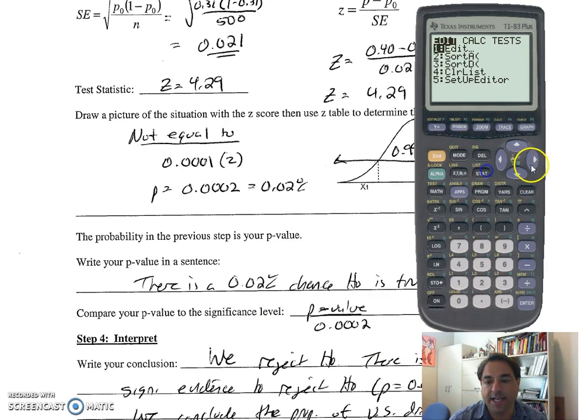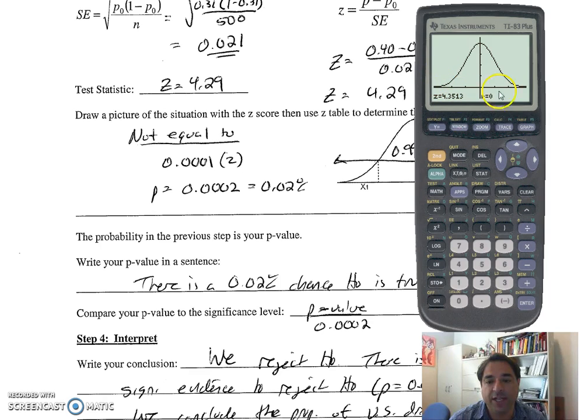So we go to stat, test, number 5. Remember the claim is 0.31. Our fraction is 200 out of 500. This time not equal to. If we go to draw, now you notice we're not going to see any shading.